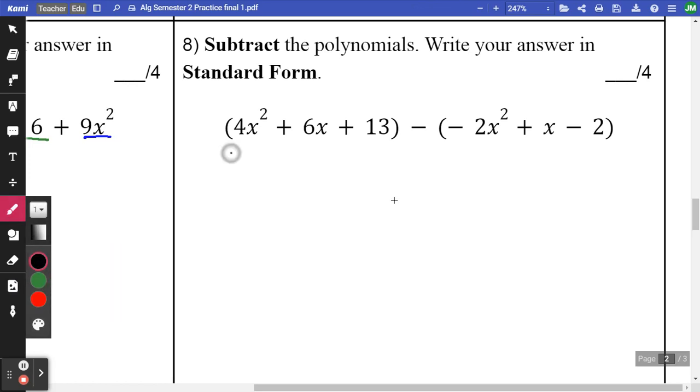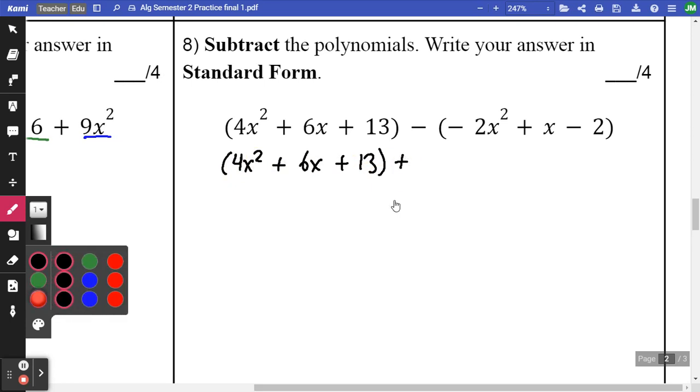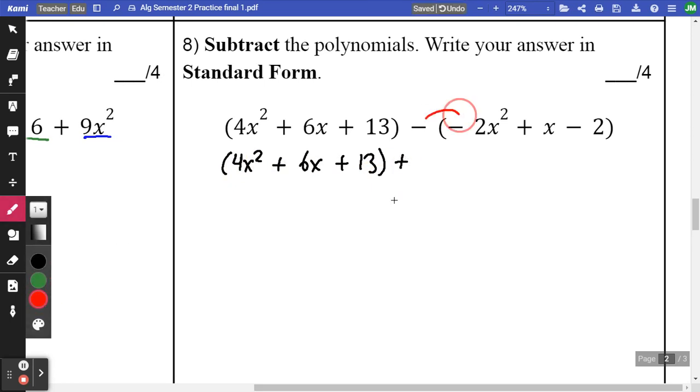So first I'll just rewrite the first part here as 4x squared plus 6x plus 13 plus, and then I'm going to turn everything into addition because I'll be distributing this negative here. That becomes plus. Now this one becomes minus and this is plus. All right, so we have 2x squared minus 1x plus 2.